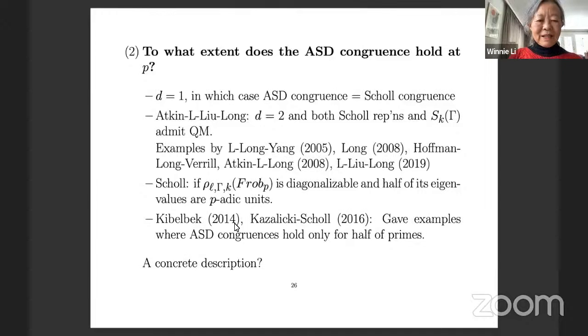But in 2014, my ex-student Kibelbek, and in 2016 Kazalicki and Scholl, gave examples where ASD congruences hold only for half of the primes. So one just doesn't know what's a good way to describe this situation.